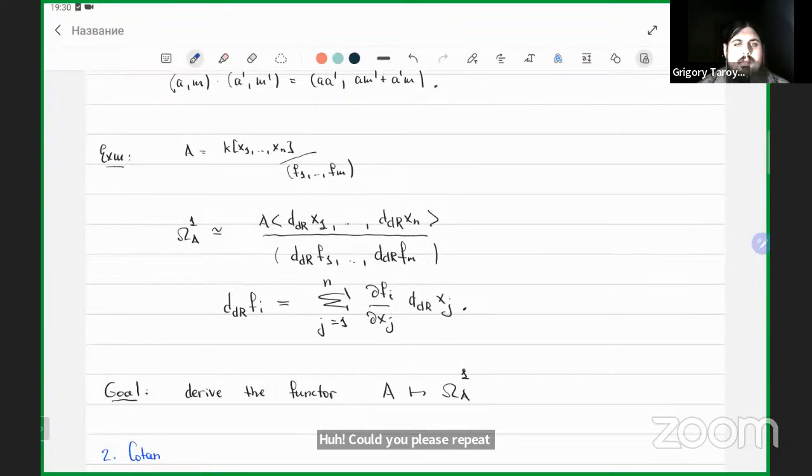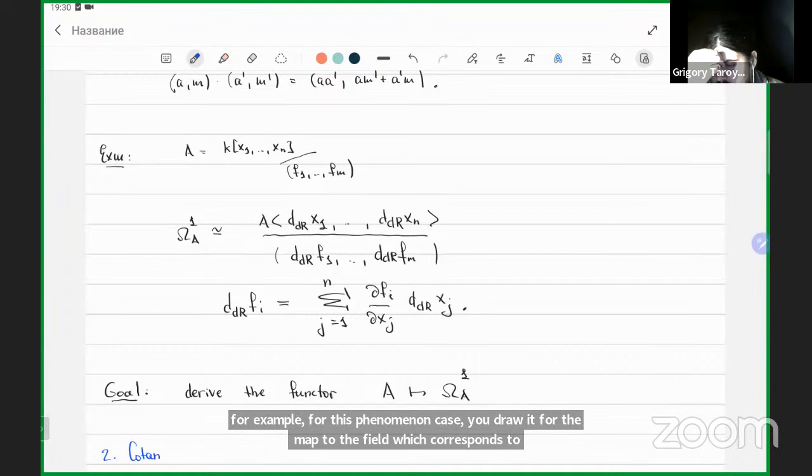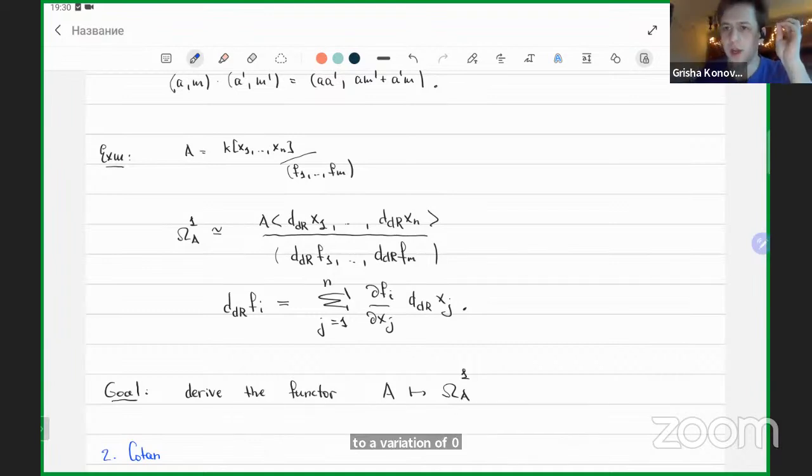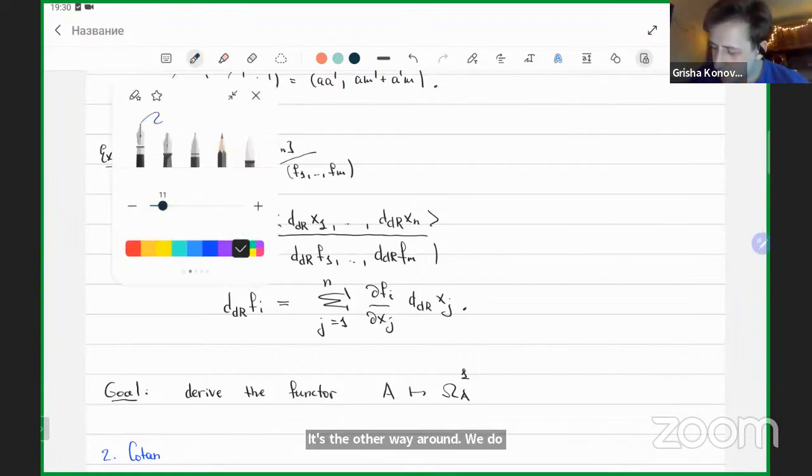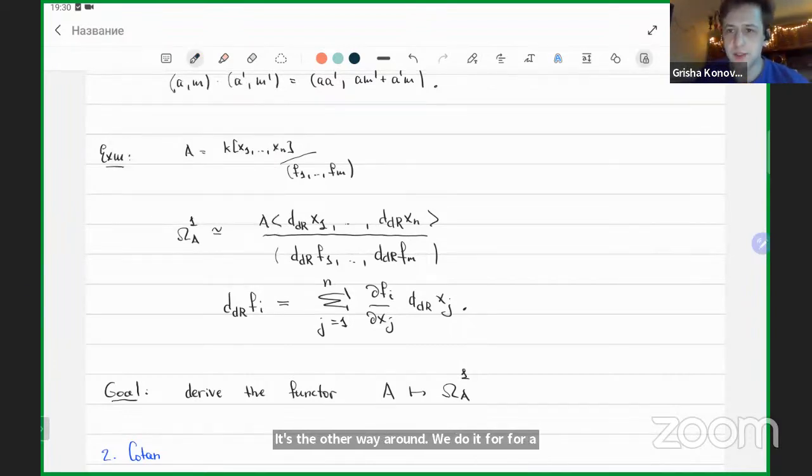Yeah, so my question is that I guess we can define the module of Kahler differentials for a map between two rings, and for example, for this polynomial case, you do it for the map to the field, which corresponds to evaluation at 0. Actually, I'm sorry to interrupt you. It's the other way around. We do it for a map that goes from the base field to A.